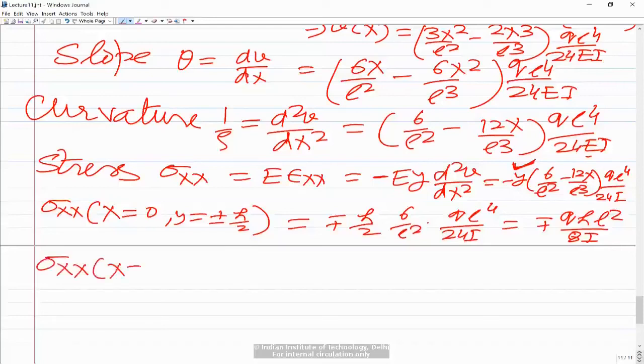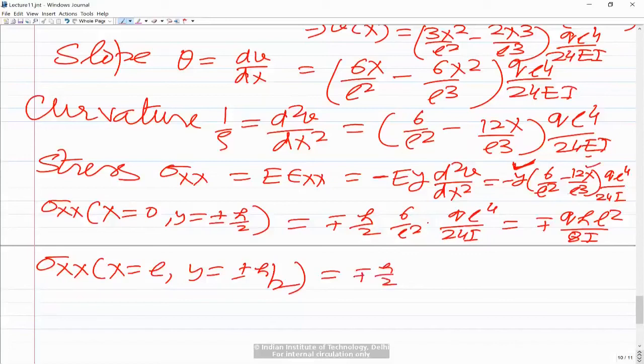Say x is equal to small l, and y is again plus or minus h by 2. So this again you are going to put in this formula. So y is plus or minus h by 2, so we'll get minus plus h by 2, and then you are going to calculate this quantity, capital X is equal to L, taking the right of the same element.